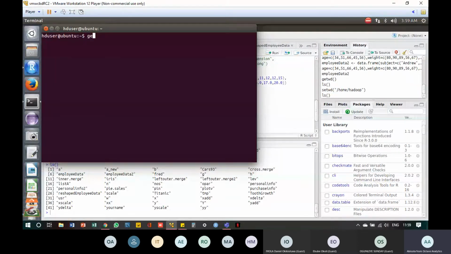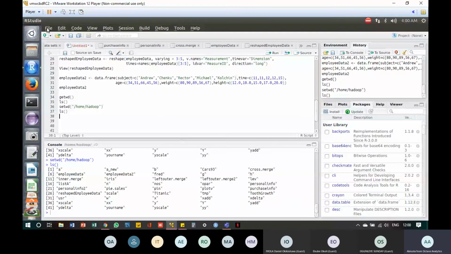Oh, am I doing R? Oh god, escape. Present working directory. Okay, let me just close this. I typed in the wrong command. PWD.